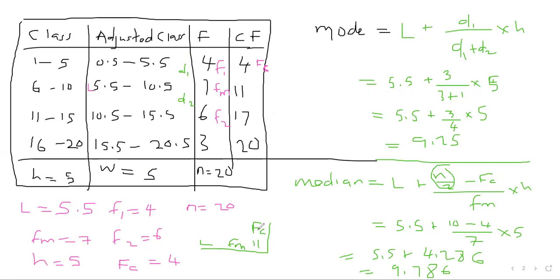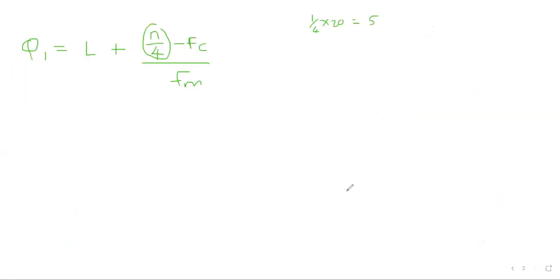So on top of the 11, we have what? FC, which is 4. Next to this 11, we have FM, which is 7, and the lower bound is 5.5. A quarter of 20 is 5. Our FC is 4. Our FM was 7. And the height is 5. So everything else was the same, except that n over 4 is just 5.